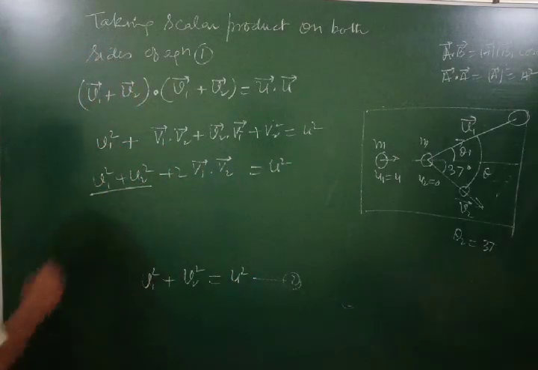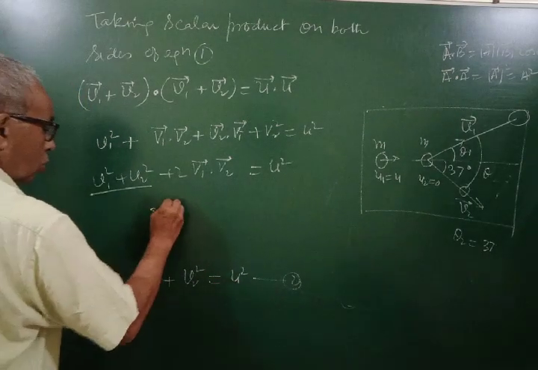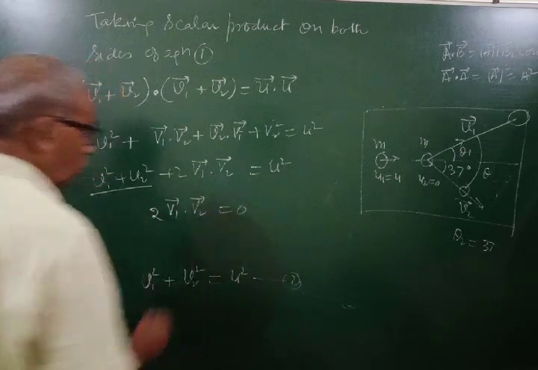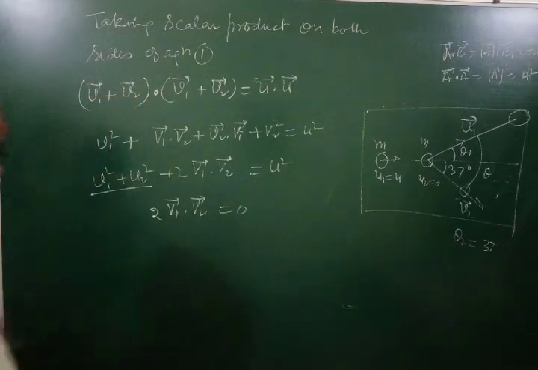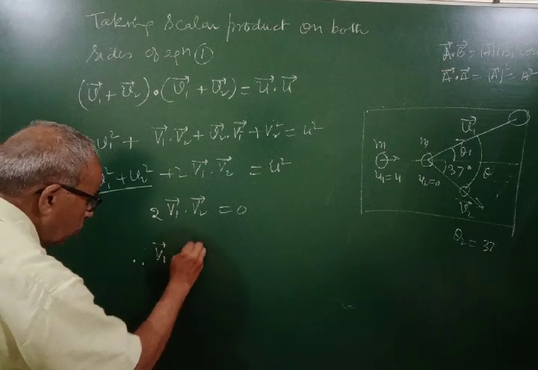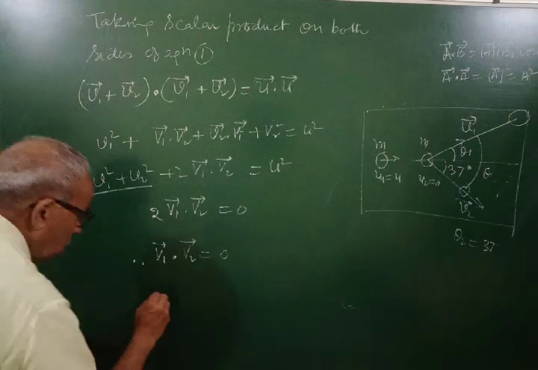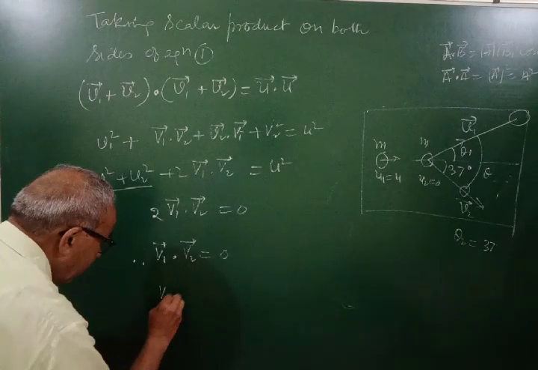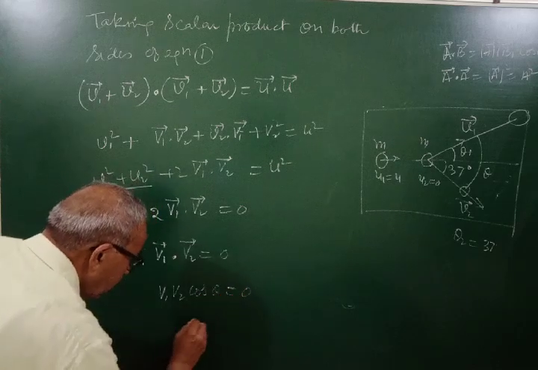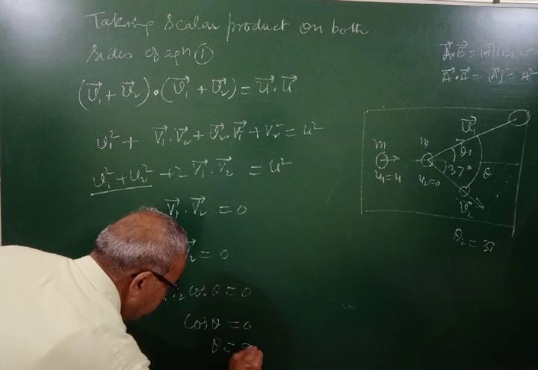Using equation 1, we get 2 V1 dot V2 equal to 0, and hence V1 dot V2 equal to 0, or V1 V2 cos theta is 0. So from here cos theta is 0, theta is 90.